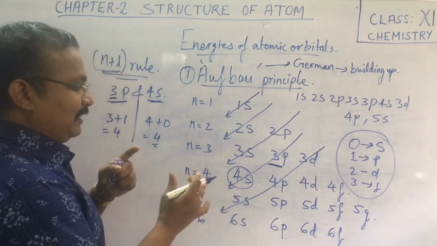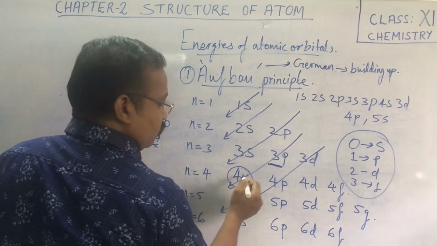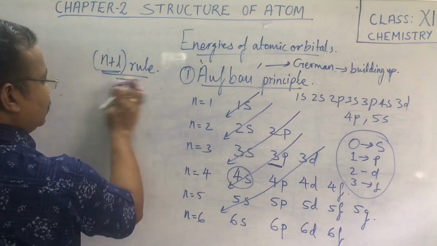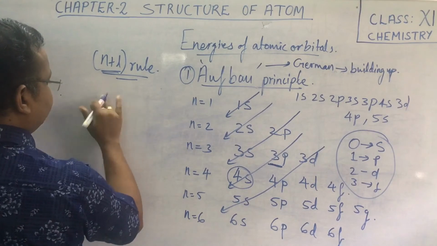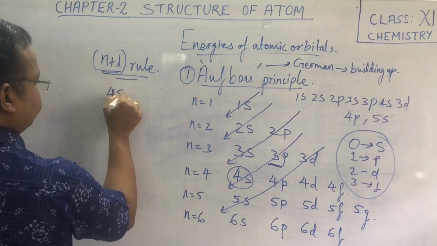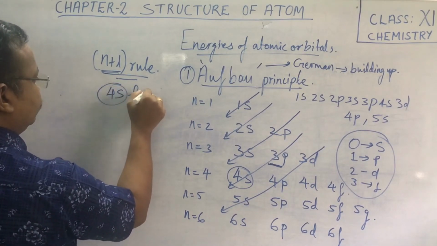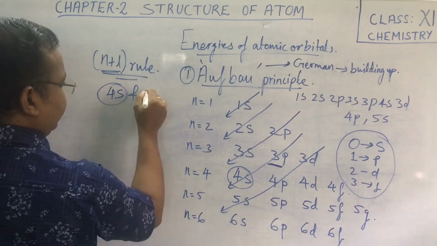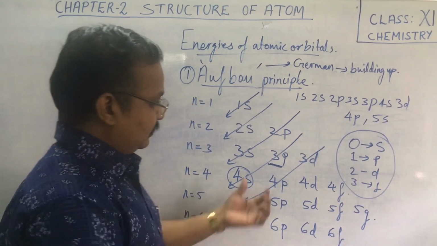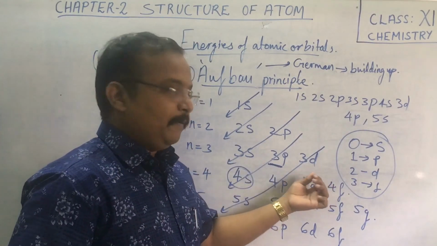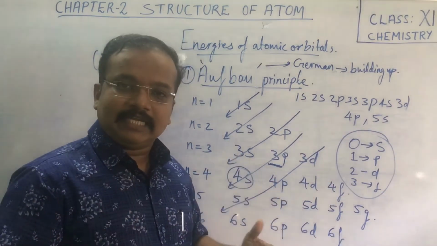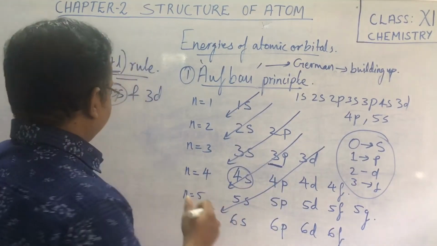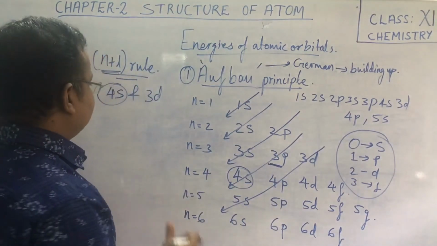Okay, now we will discuss 4s and 3d. Children, you know 3d is in the third energy level only, but while filling the electrons, which one will be taken into consideration first? The one having lower energy will be filled first.